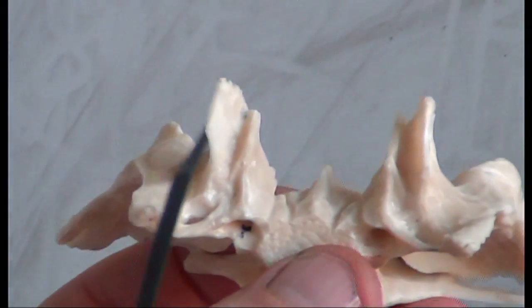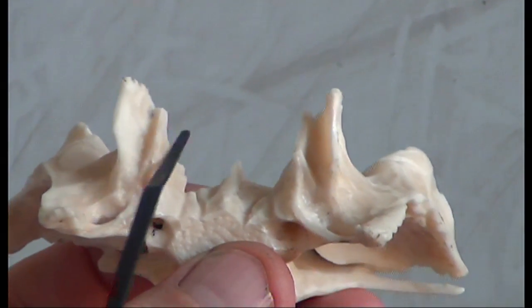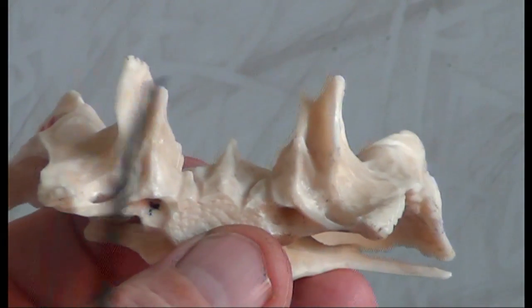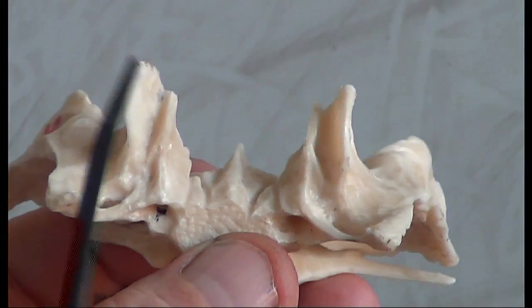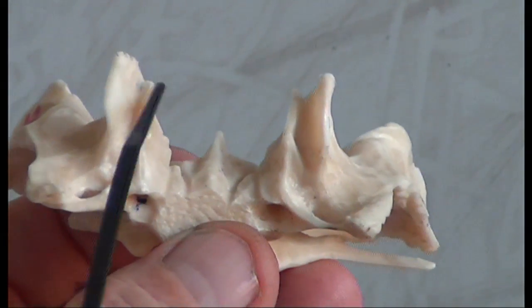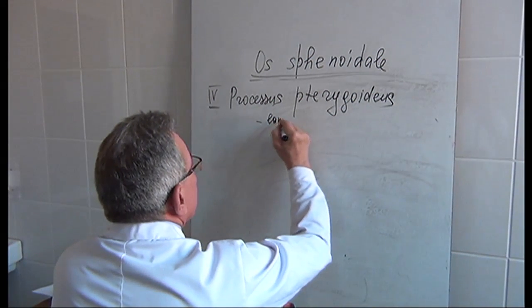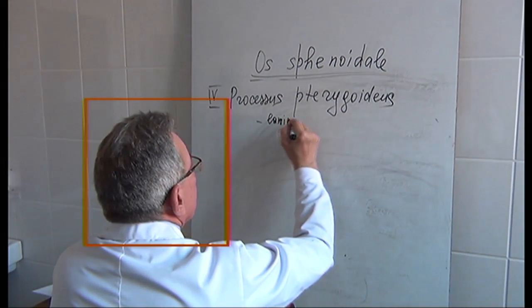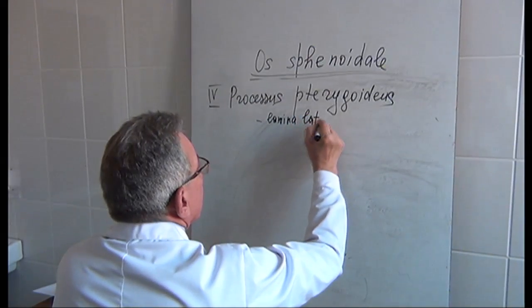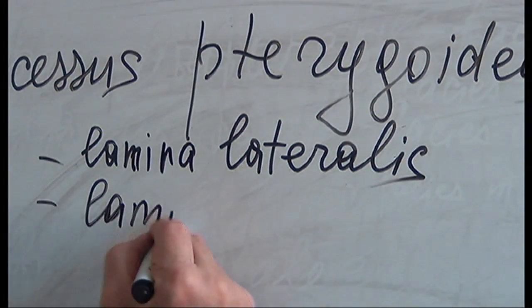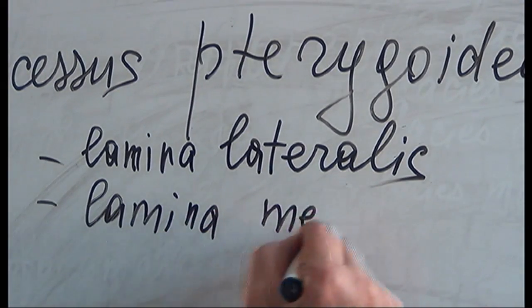It's partially destroyed in this specimen, but we can distinguish lamina lateralis and lamina medialis.